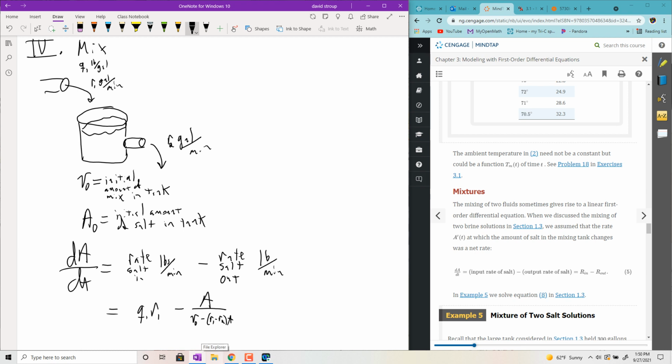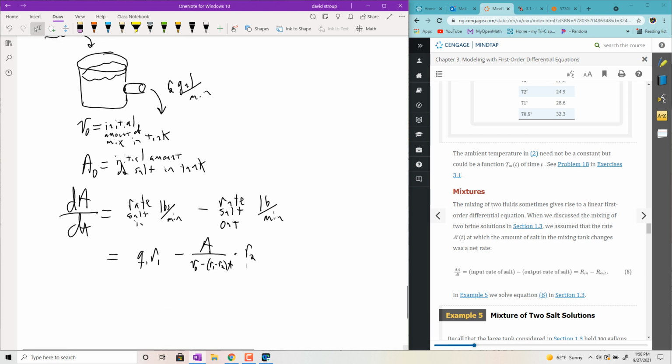Okay, so the rate of change of the amount of mix in the tank is just the difference between the input and the output rates of the mixture. And then we have to multiply it by R2. Okay, so you get something like that.